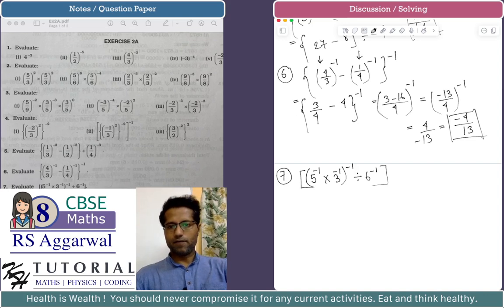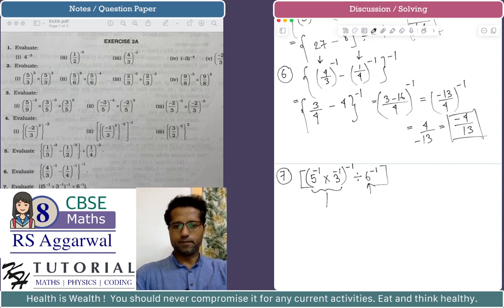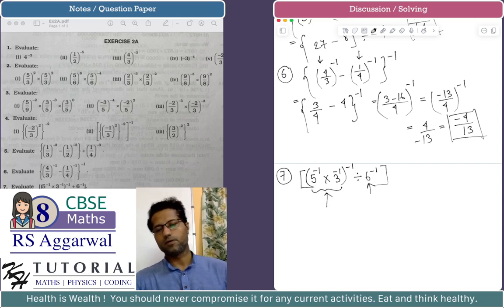So basically we have a division of two exponential terms. This is the divisor, and this is the dividend. Now the dividend is actually a reciprocal of a rational number, where the rational number is the product of two exponents.